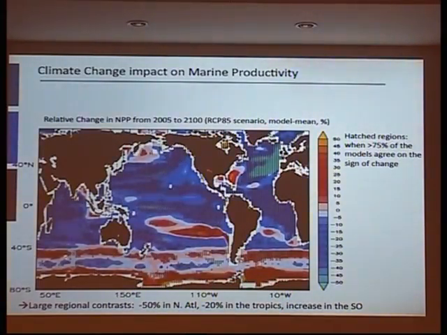For example, what we have here in those models is an extension of the oligotrophic gyres. You also have a deepening of the subsurface chlorophyll maximum in the oligotrophic gyres. That's only an integrated 2D view, but you can really look at the 3D, and you have very similar results from the different models.